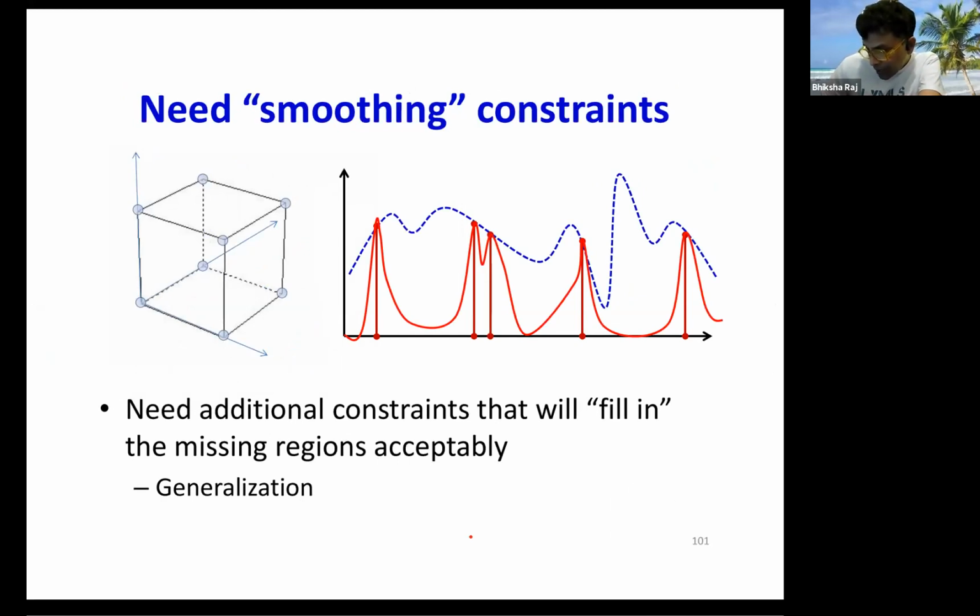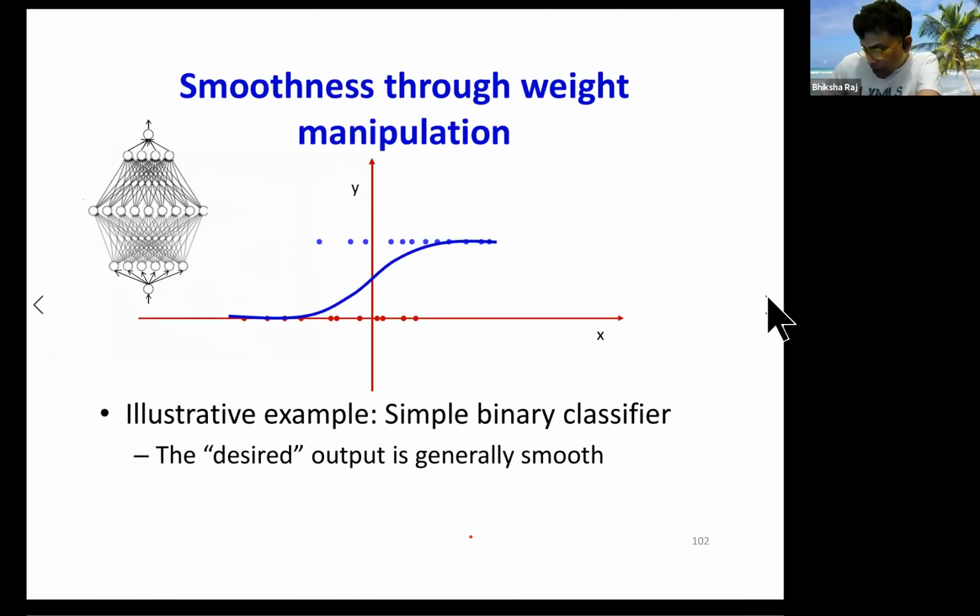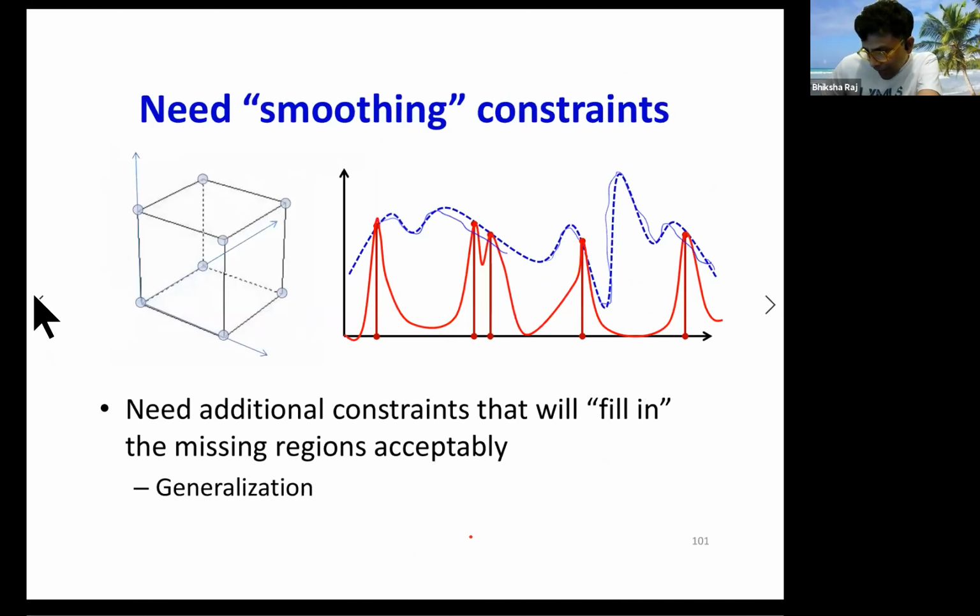And so we need smoothing constraints, additional constraints that try to push the model into filling in these missing regions acceptably. And I will stop over here, but the gist of it is that in order to do this, you'll need to do two things.